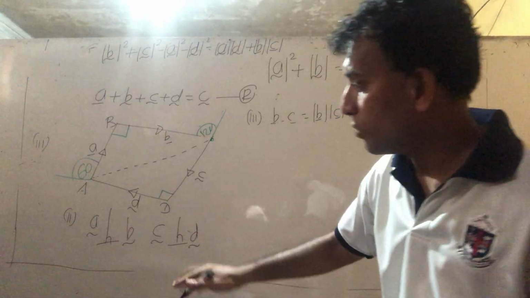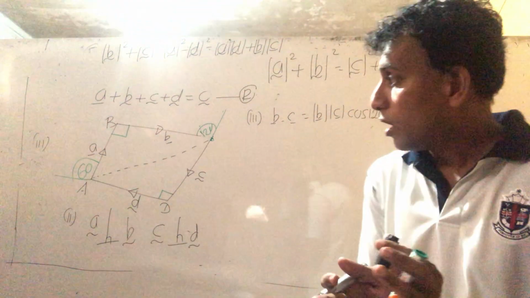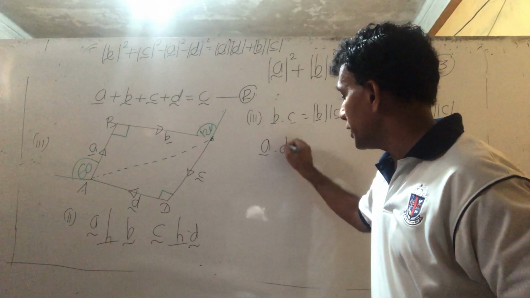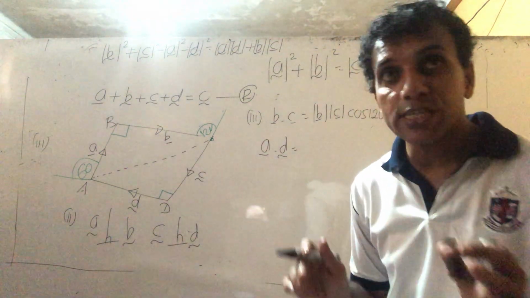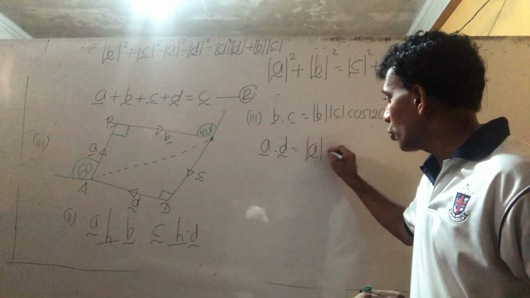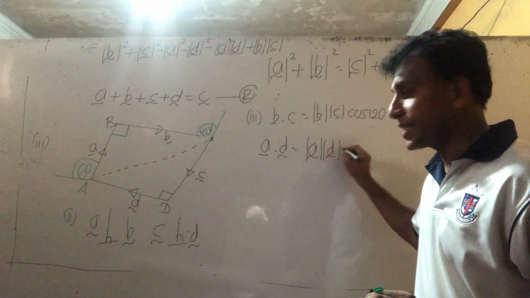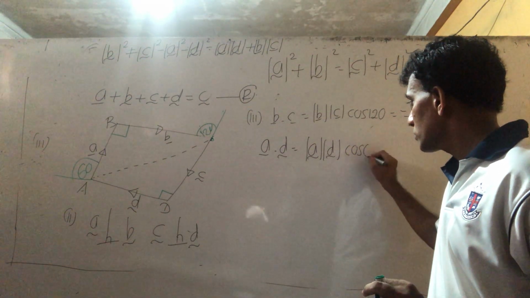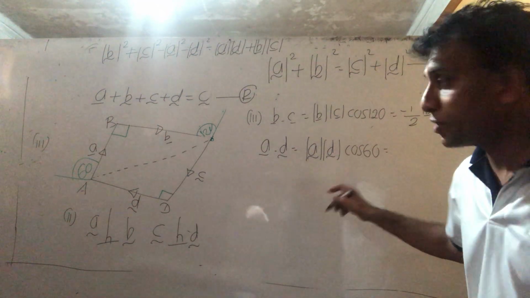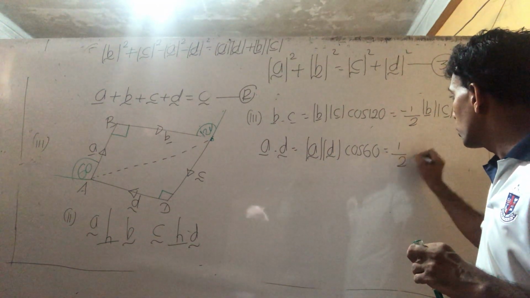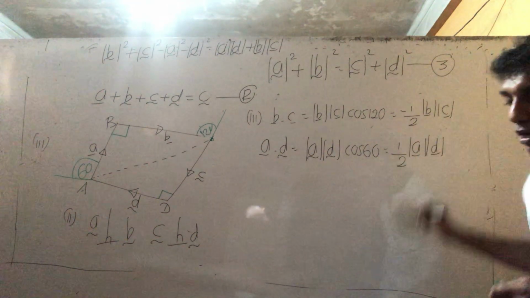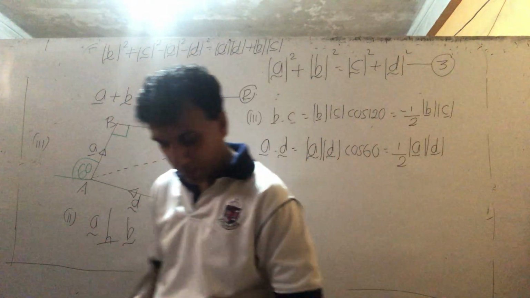Similarly, given that A and D are inclined at 60 degrees, A dot D is mod A into mod D cos 60. Cos 60 is half, therefore half into vector A into vector D.